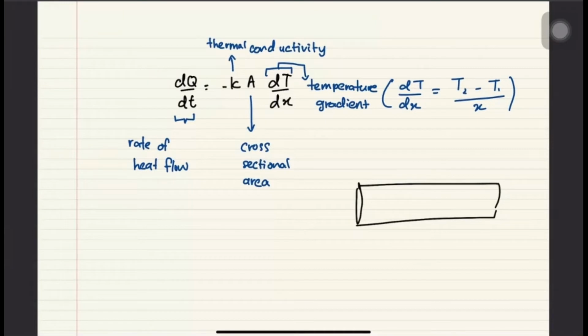Okay. We want to calculate the rate of heat flow. Katakan kamu ada temperature kat sini adalah 80 Celsius. Temperature kat sini adalah 20 Celsius. Kalau ikut logik, heat tu dia akan flow daripada mana ke mana? Adakah 1 ke 2 ataupun 2 ke 1?